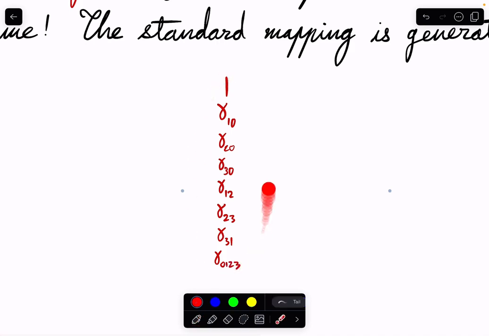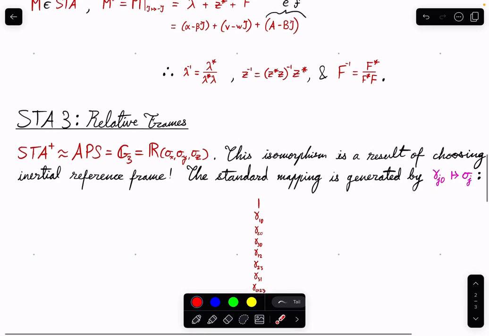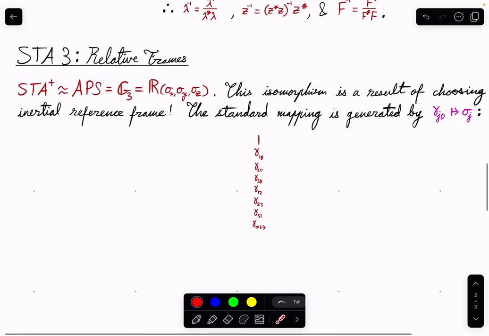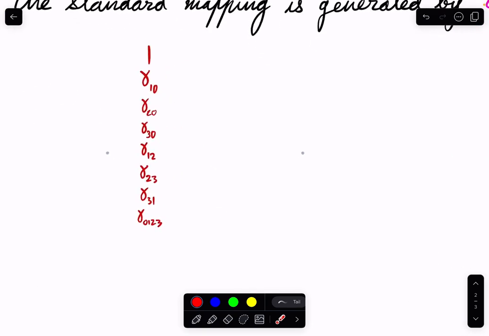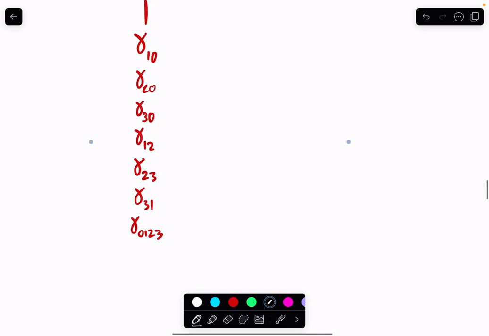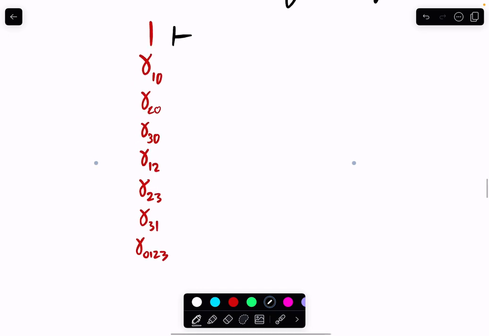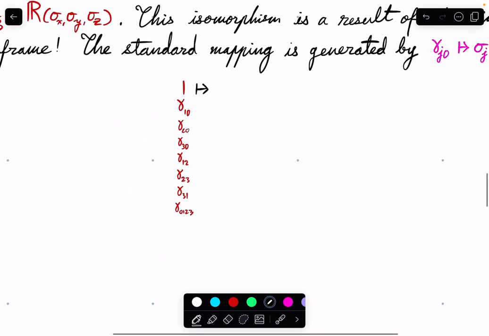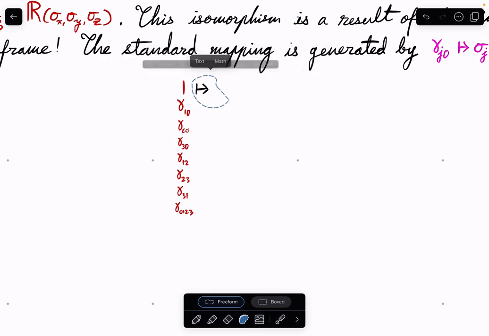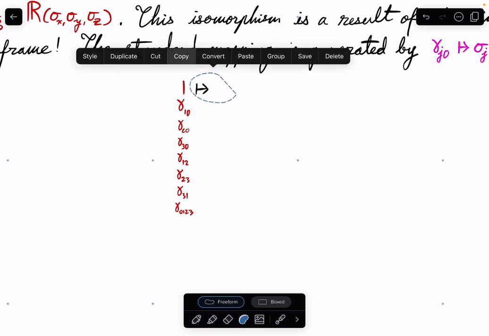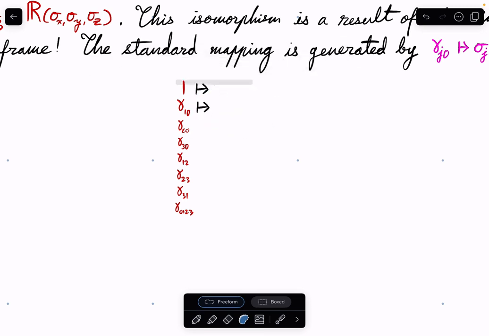And I only included even elements here because we're looking at the even subalgebra of the STA.